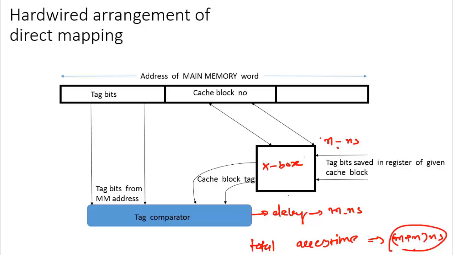And if we are using the technique that is cache directory, then obviously the searching time would be the bottleneck, or the driven factor of access time. That will be in the order of n, where n is the number of cache memory blocks. Okay, so that would be the order of access time in case of cache directory.